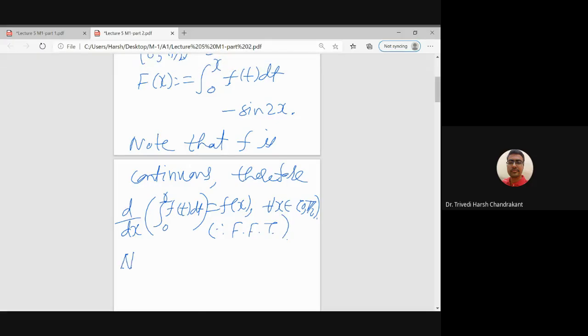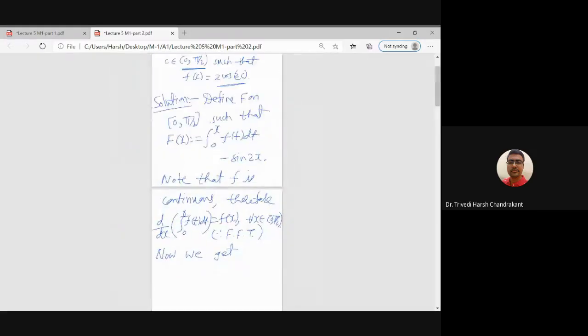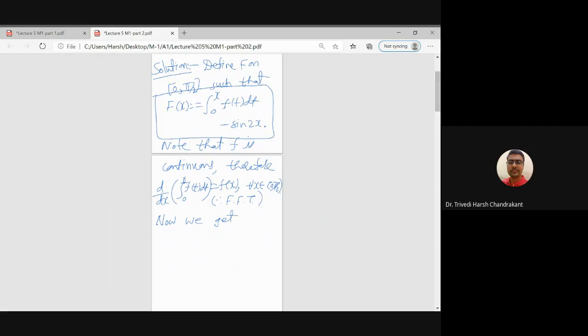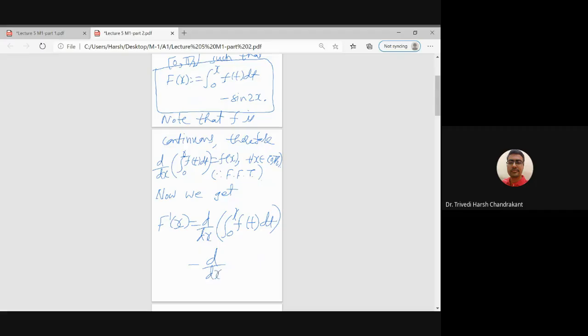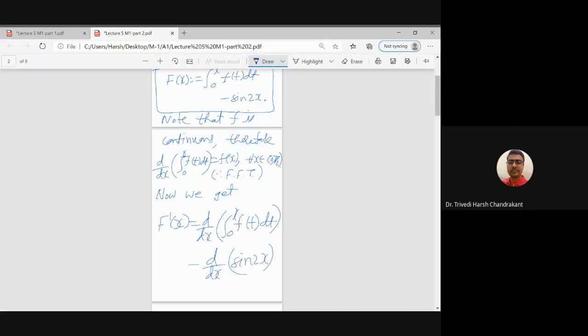So now if we use this for this particular function, so if we differentiate this particular function capital F, then what we get F dash x to be derivative of 0 to x f of t dt minus derivative of sine 2x, right?